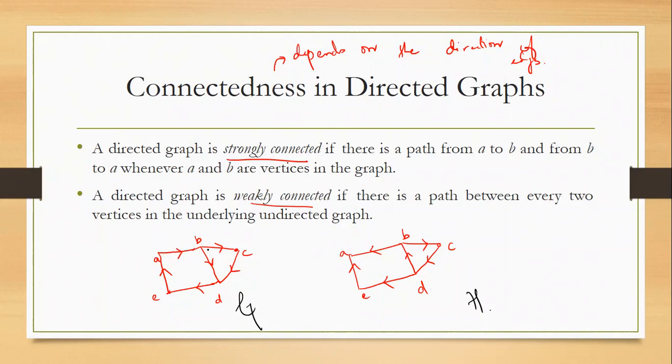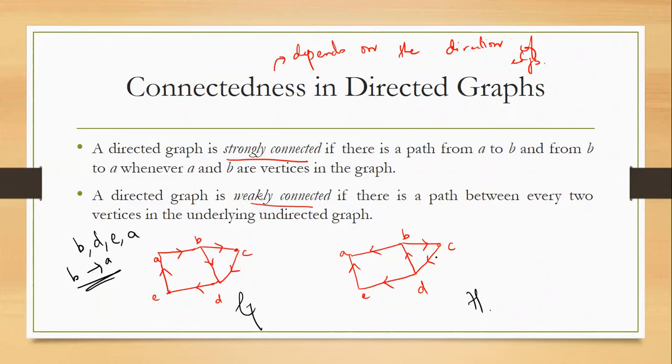From B, I don't have a direct path, but I have an indirect path, right? From B to D, I can go, and then D to E, E to A. So I am reaching B to A somehow. It may be indirect, but there is a path.